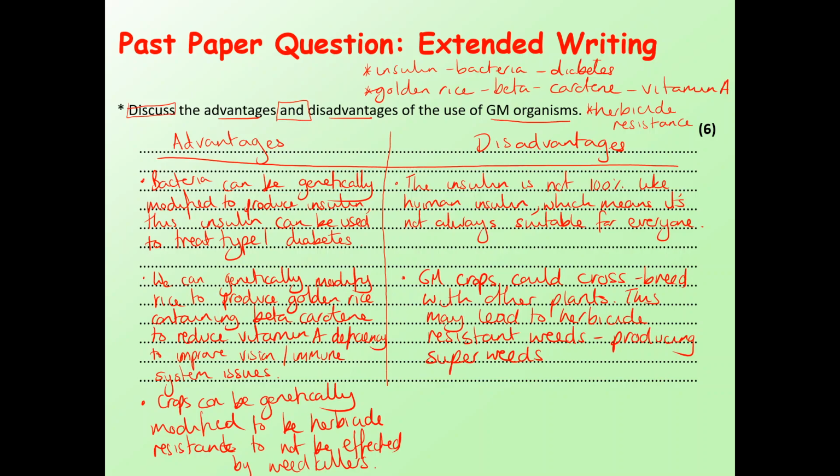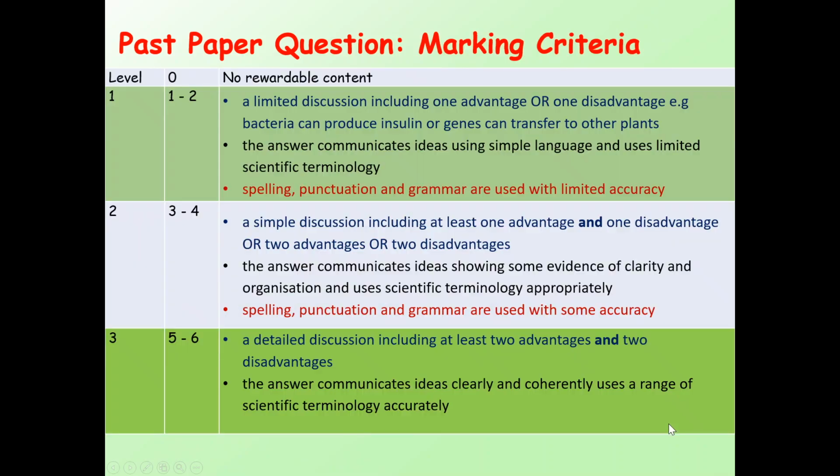Okay, that's a 6-mark question, but I've got 1, 2, 3 advantages and 2 disadvantages. Now let's look at the mark scheme to see how this would have scored. Okay, now we're really interested in the level 3. How do we get 5 or 6 marks? You can have a look through this level 1 and level 2 in a moment, but to get a level 3 you need a detailed discussion including at least 2 advantages and 2 disadvantages.